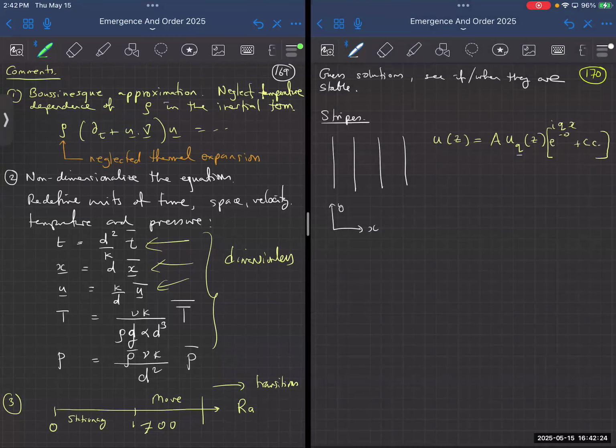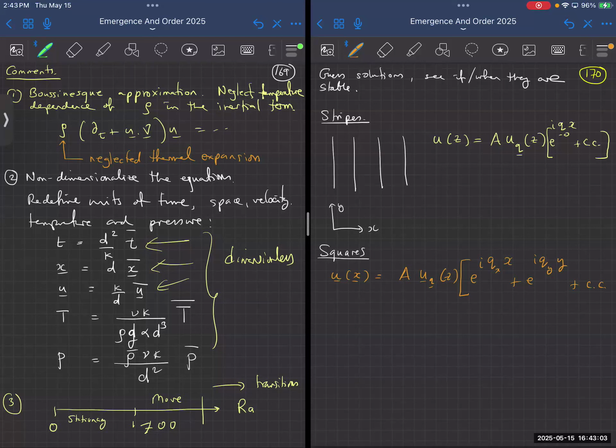Another thing that you might guess is you could say, well, there could be squares. So the way you would write this is you would say, well, u as a function of x is equal to some magnitude, some field in the z direction, and then e to the i qx in the x direction plus e to the i qy in the y direction plus complex conjugate.